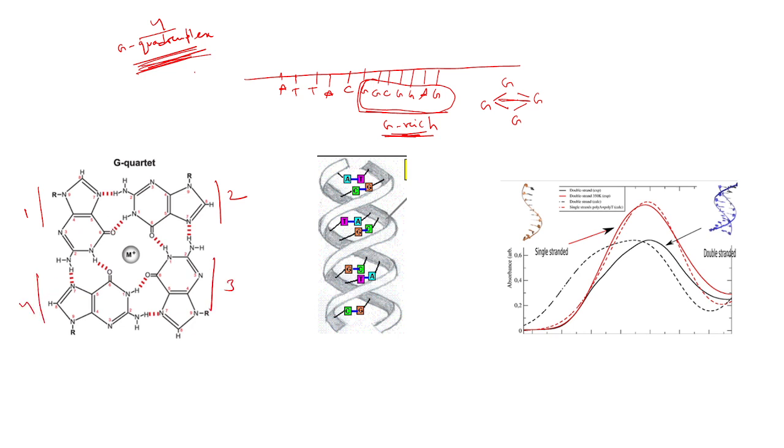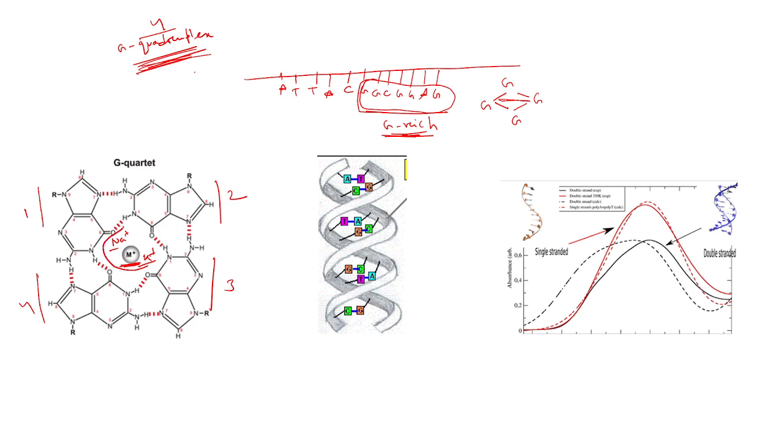They fold on each other by forming a bond with each other, and always at the center a monovalent element is present, mostly sodium or potassium. Why is the monovalent sodium or potassium present?